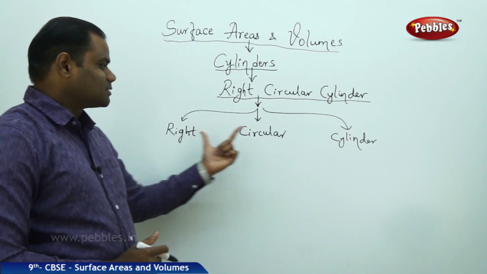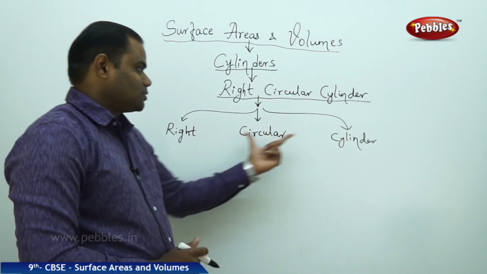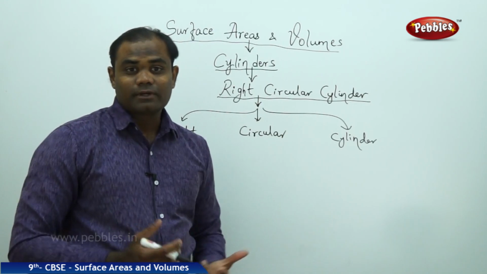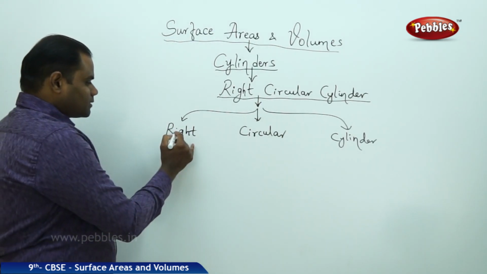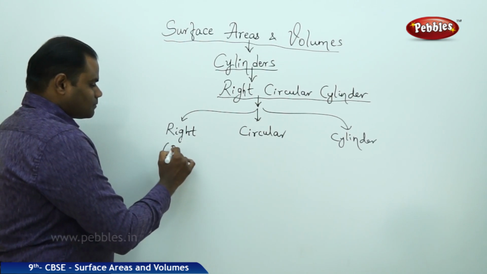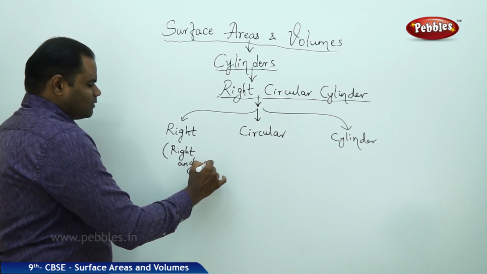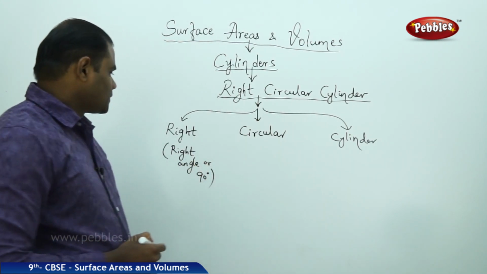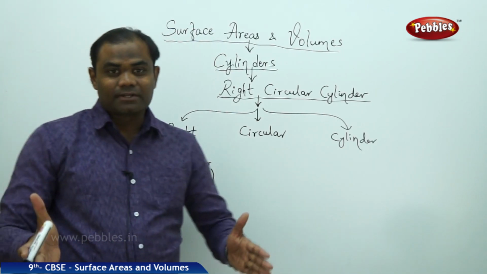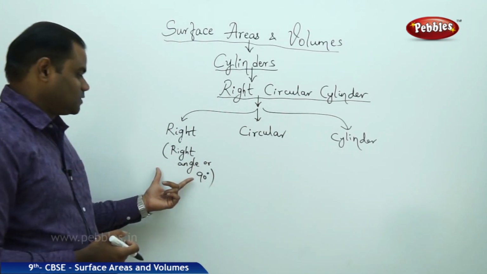Let's understand each of these to understand the whole concept. Right in mathematics means the one which is at a right angle or 90 degrees. A cylinder which is exactly straight at 90 degrees is called a right circular cylinder.